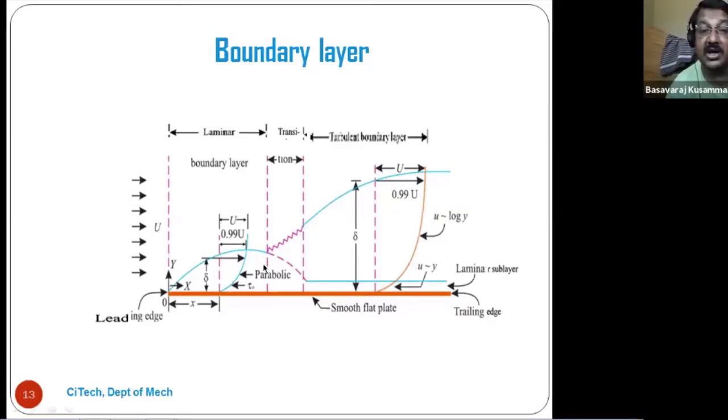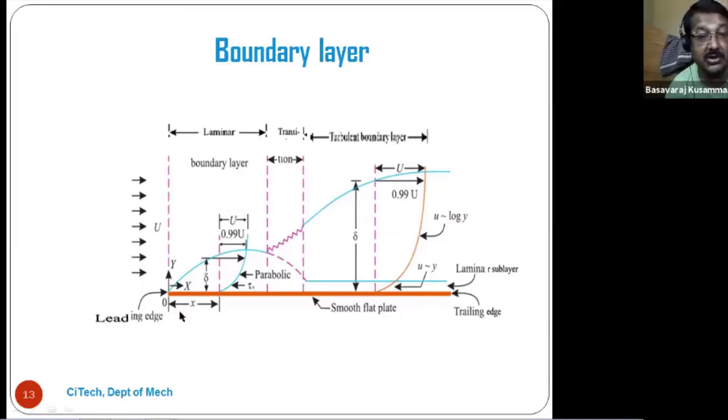As the distance along the plate goes on increasing, the boundary layer thickness also goes on increasing. Understand? Because the concept of the boundary layer, as we discussed, is where the velocity approaches 0.99 of the mainstream velocity u. That is called the boundary layer thickness. This is very, very important.